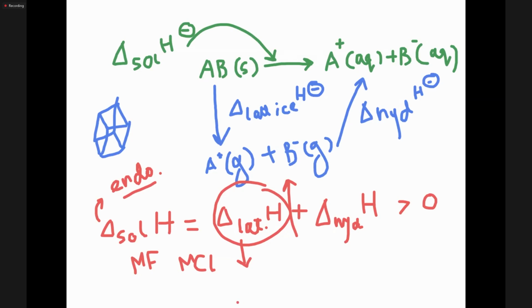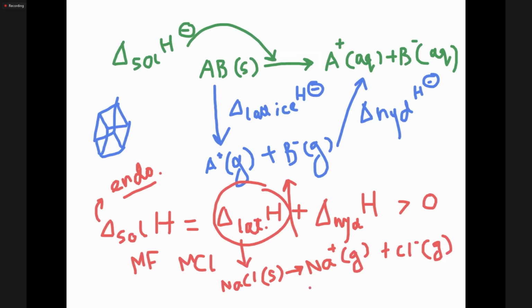If we take up the example of NaCl, which is very common in our household, the table salt, and we want the lattice enthalpy, we need to break this NaCl into the corresponding cation and anion, and that too in the gaseous phase. So we will break the NaCl into Na+ and Cl- in the gaseous state.